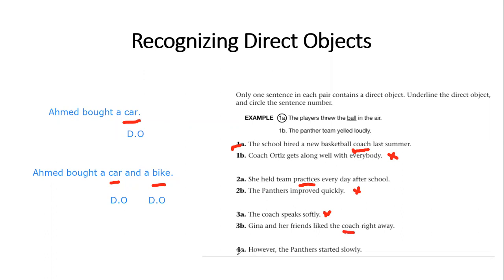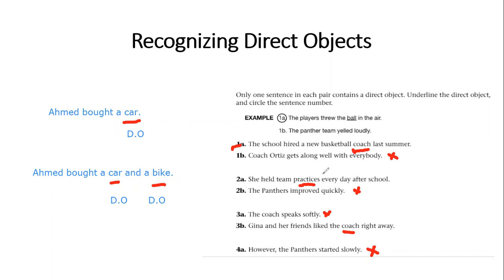We still have one more. The Panthers started slowly. Do you think that slowly is a noun? It's not. So here we're not having any direct object. Again, a direct object is an object that comes after an action verb, and it should be a noun or a pronoun.